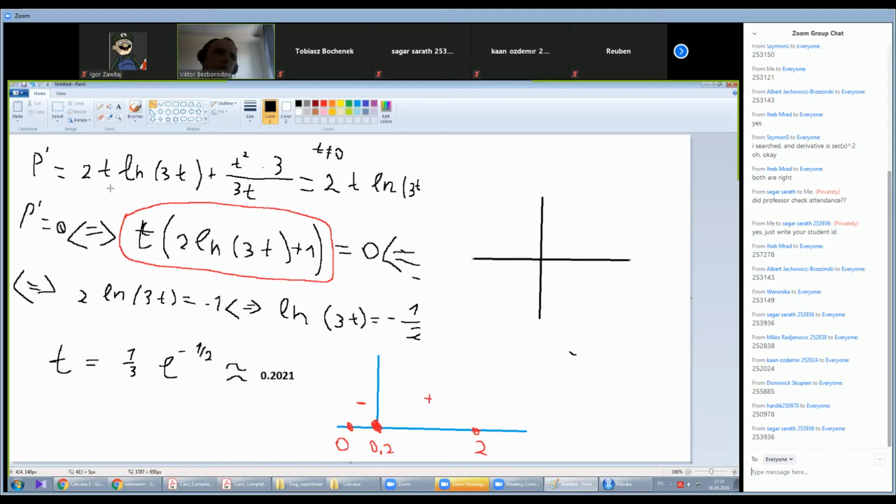So this is 0, and this is minus infinity, right? So what is the limit? I'm not sure if we discussed it, but in fact this is going to be 0.